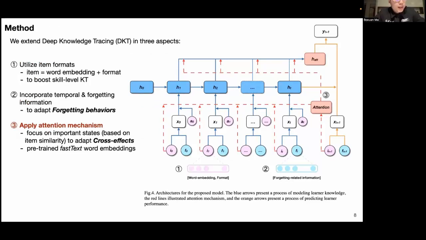Finally, we utilize the attention mechanism so that the model can track the learner's knowledge state based on not only the same word, but also other related words practiced in the past to adapt cross effects. Here we use pre-trained fastText word embeddings.